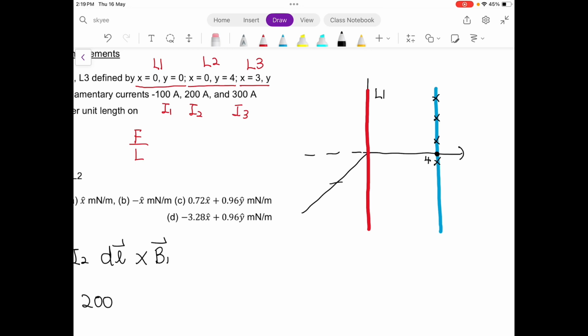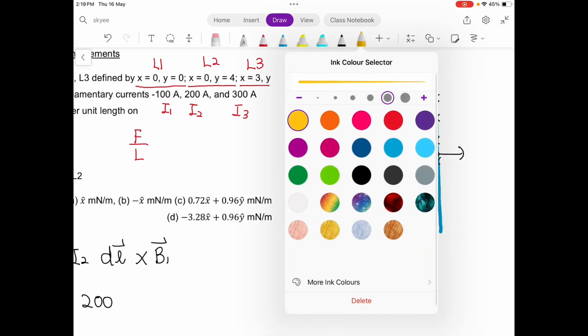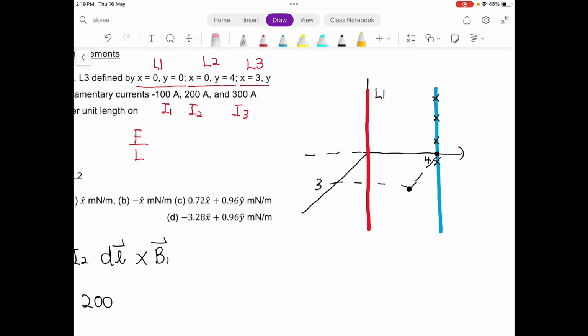So 3 is here and 4 is here. This will be the positions, so your line will be this. Are you clear about these L1, L2 and L3?